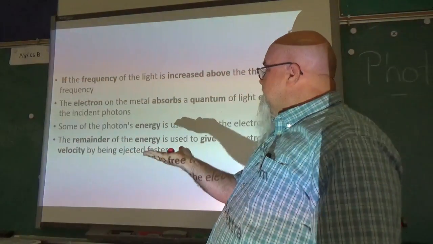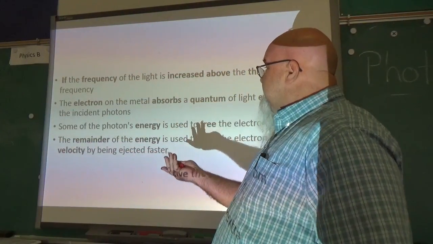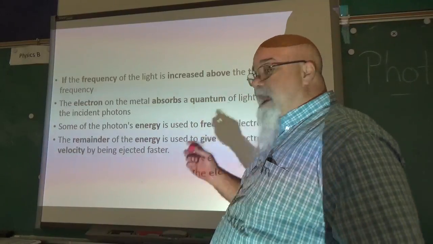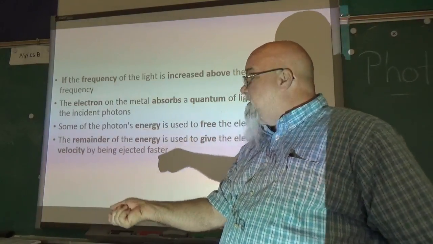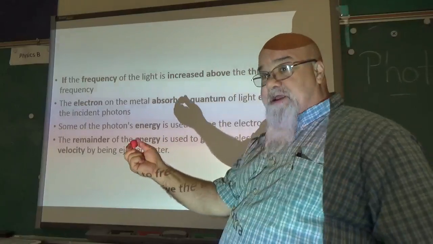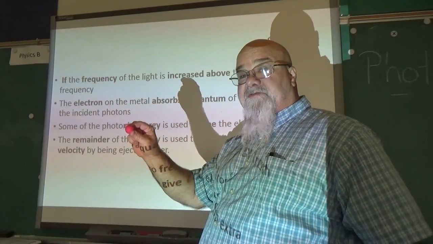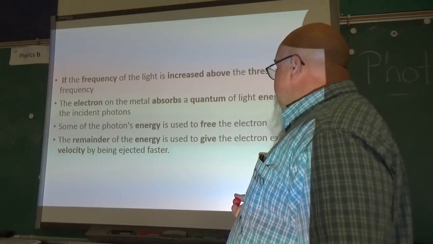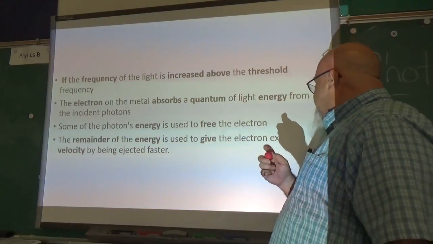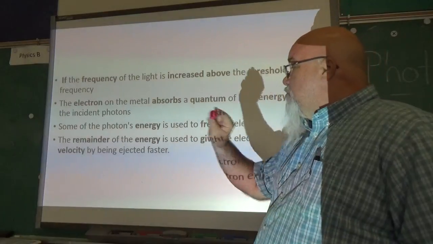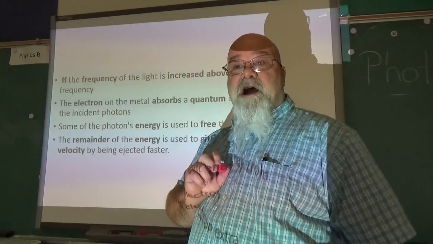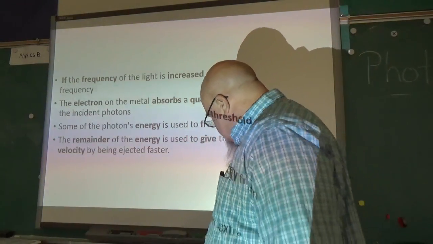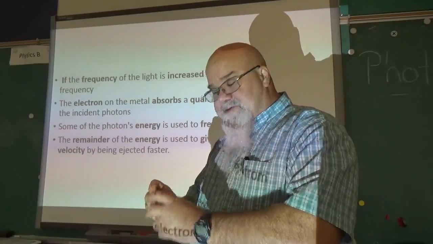So this electron is starting to get a little more energy, and then eventually it ejects after it got enough quantum of energy, and the energy will free the electron. Once the electron is free, it can flow and we will have a current. The remainder of energy that is not used for the ejection just goes into the speed and helps it go faster. We learned that too. Higher frequency, higher speed.